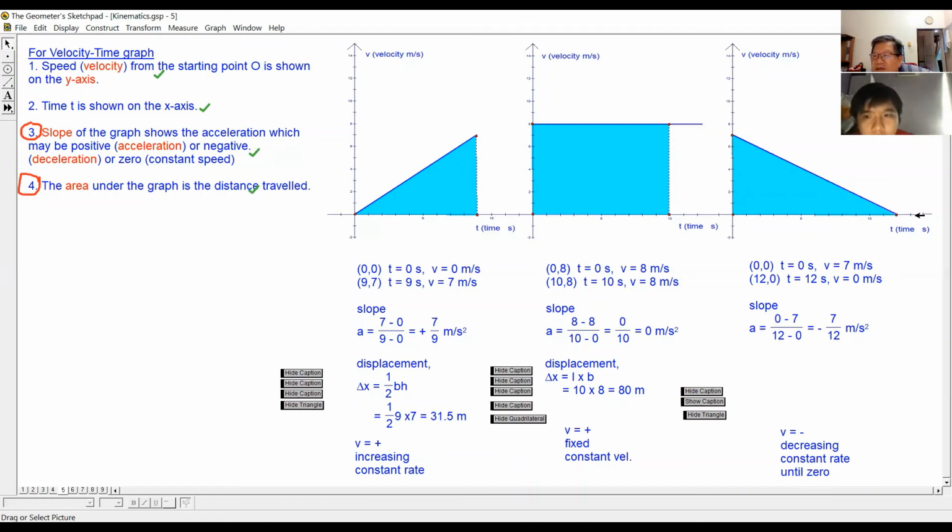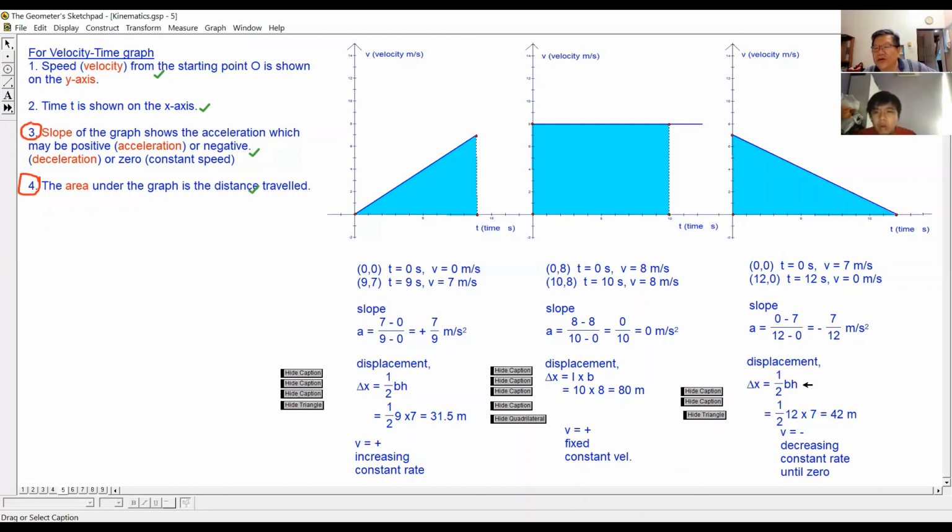Half base times height. The base is 12. What's the height? 7. Correct. So how much is the distance? 42.